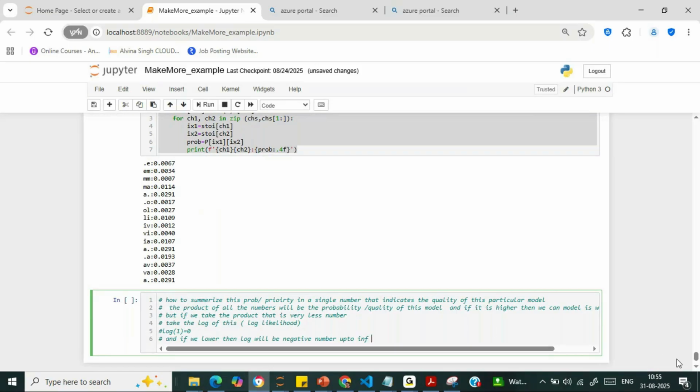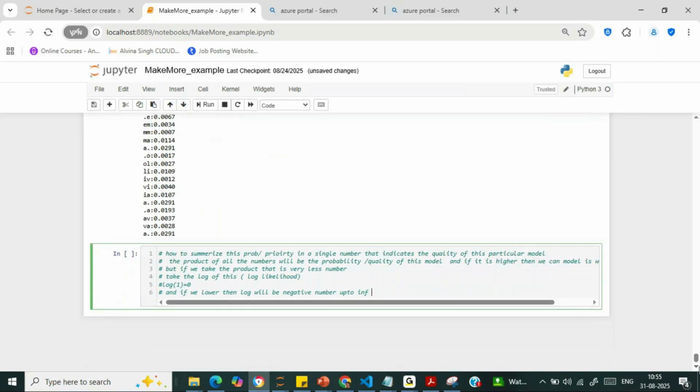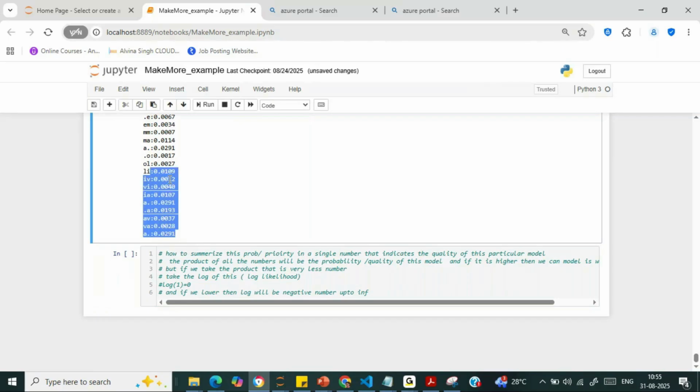Okay, so over here we are trying to calculate the quality of the model, and in order to do this, we will take the log, because if we do the product, then it comes out as a very small number.